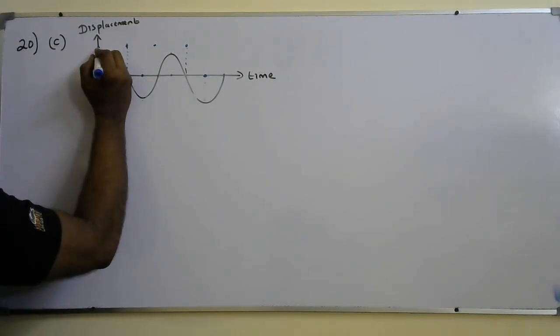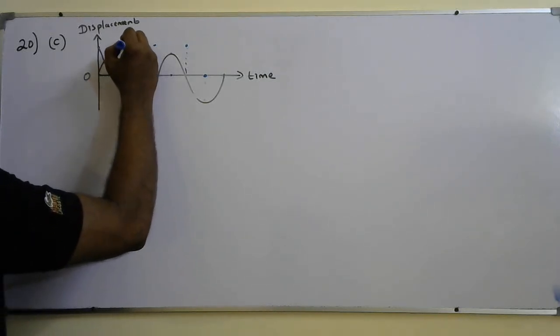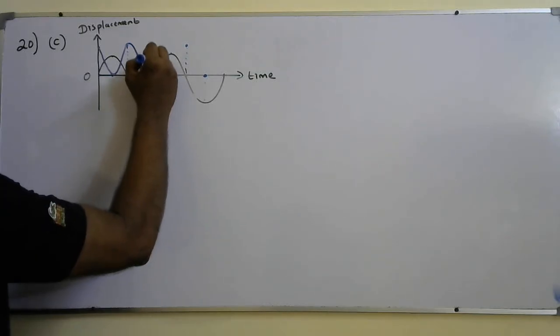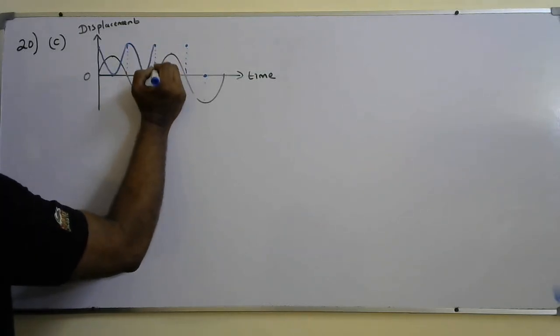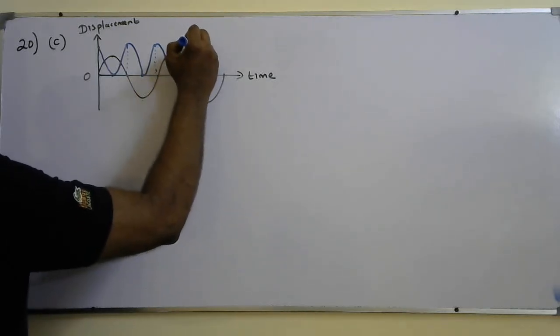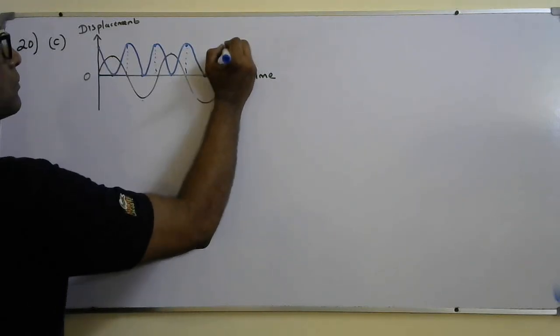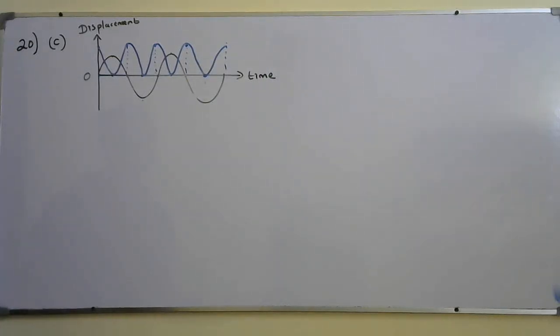So the graph will be double the frequency, always on the positive side, because kinetic energy is always positive. It's a scalar quantity.